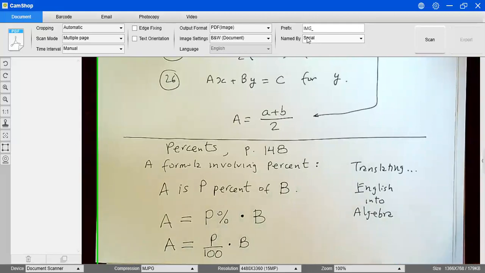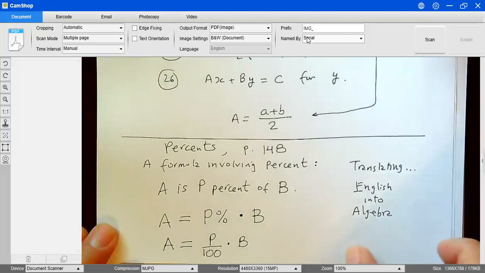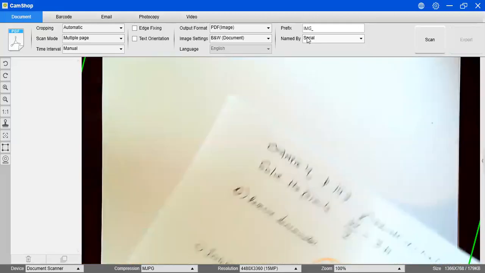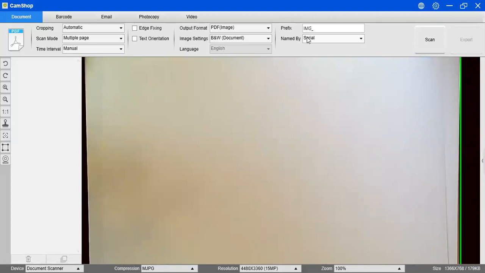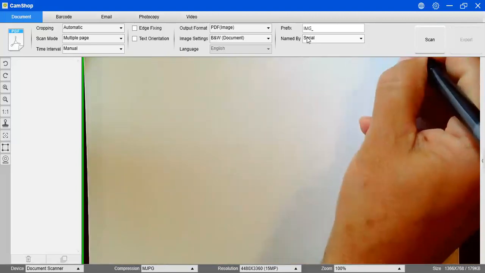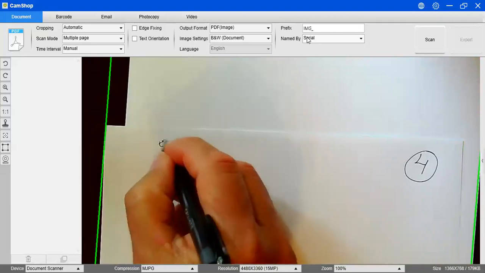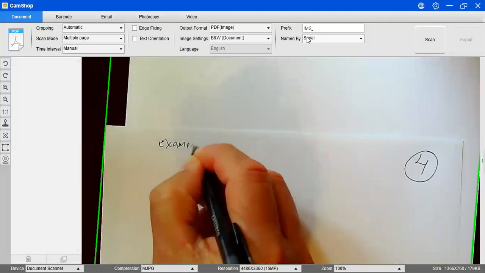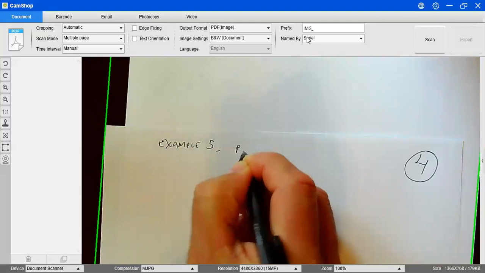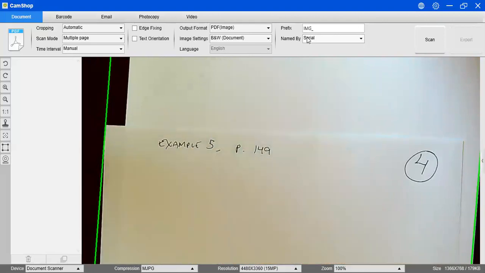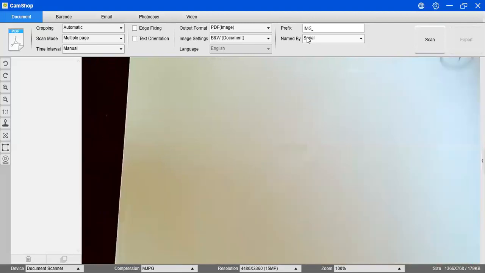So we're going to start solving some examples. We're going to solve 3 examples, and then you're going to have work to do. So let's start with example 5 on page 149.